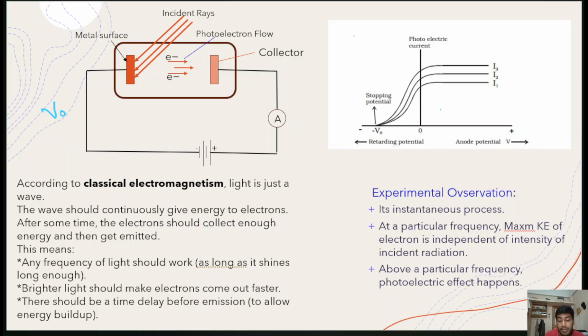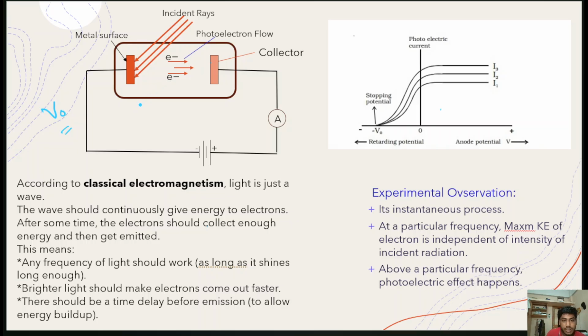At this point, the maximum kinetic energy of the electrons is equal to the work done by the stopping potential. So for V naught, the potential has done the work to stop the electrons which have maximum kinetic energy, and also those which have less kinetic energy.